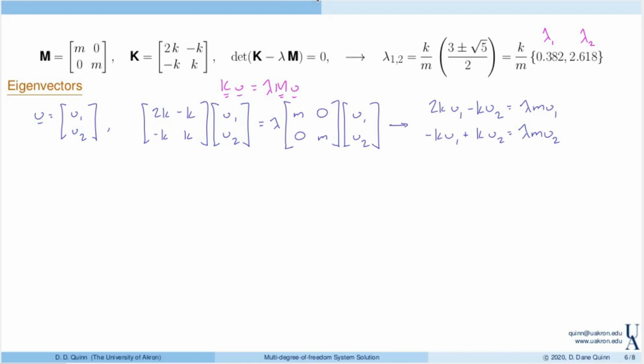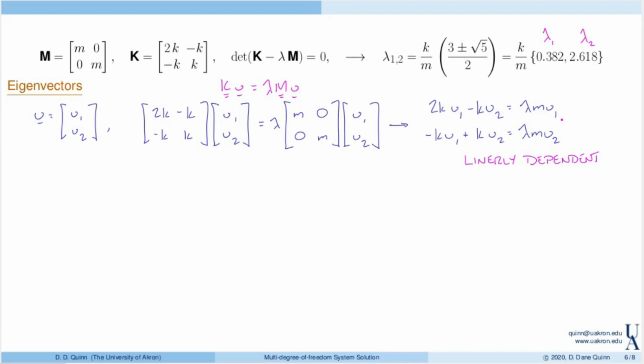Now it turns out that for these values of lambda, these special eigenvalues, these two equations are not distinct. They are in fact linearly dependent, which really means that, even though they don't look it, they're the same equation.